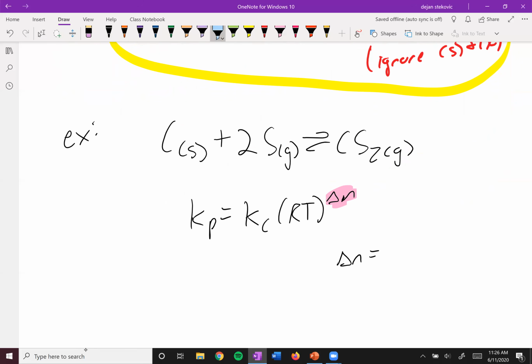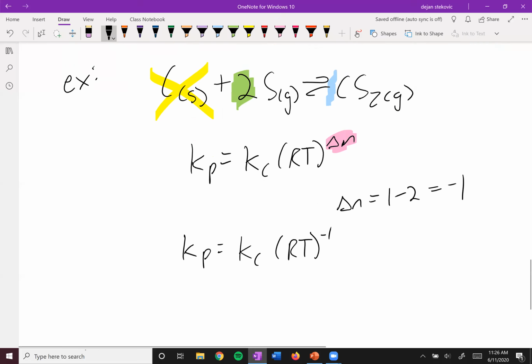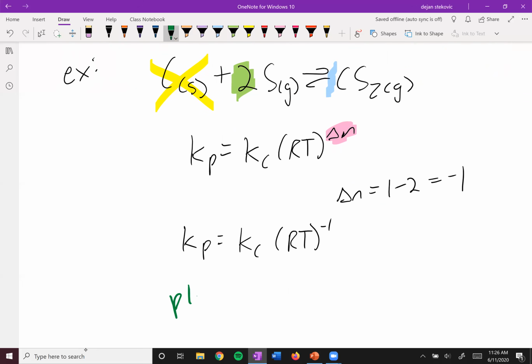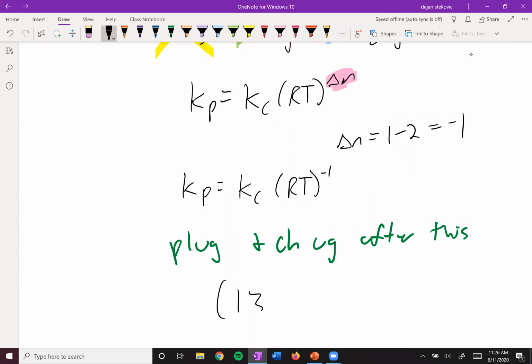So the CS2 has a 1 in front of it, S2 has a 2 in front of it, and we ignore the solid. So it becomes 1 minus 2, which is equal to negative 1. Then you can write Kp is equal to Kc times RT to the negative 1. And then at this point, you would plug and chug. Check out problem 13.4 in your OpenStax book if you want to see a worked-out example of this. I won't show you because it's all just plugging and chugging.